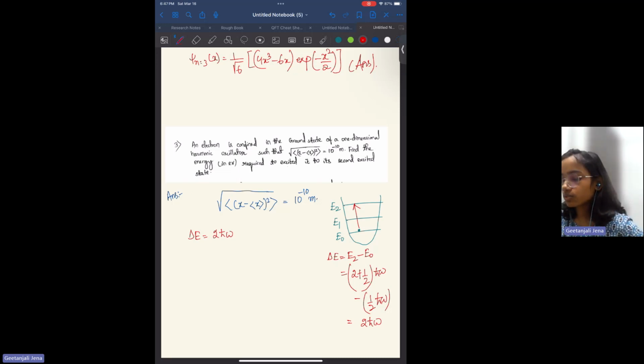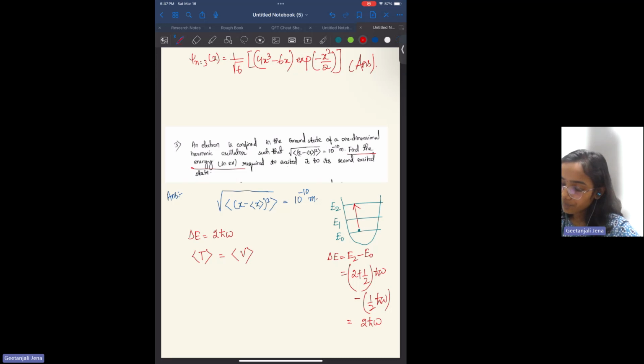Now, the question is asking to find the energy required in electron volt to excite this electron to the second excited state. According to the virial theorem, you know that the expectation of the kinetic energy in a state n is equal to the expectation of potential energy in state n.